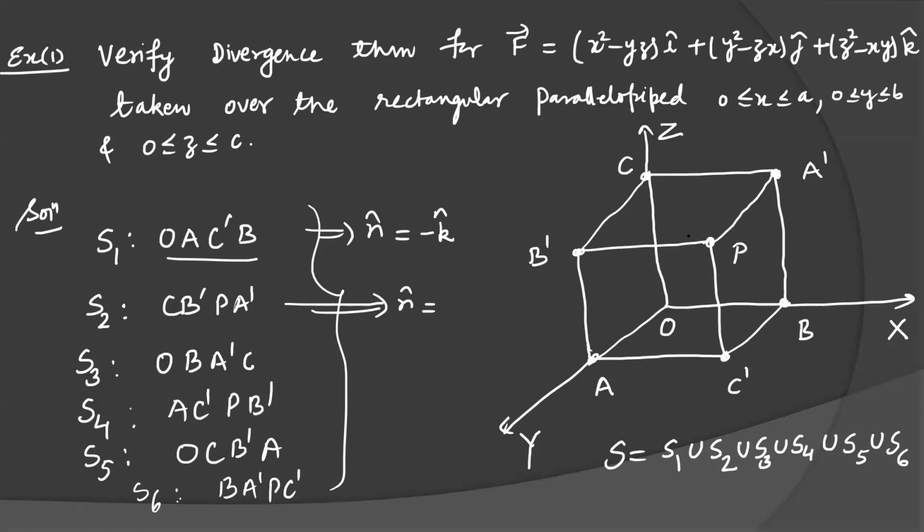Here CB dash P is outside in the XY plane. This is parallel to the x-axis, this is parallel to the y-axis. So the outward normal vector is k cap. OBA dash C is in the XZ plane, backside. So n cap will be minus j cap. For AC dash PB dash, n cap equals plus j cap. For OCB dash A, n cap equals minus i cap. And n cap will be plus i cap for the last.